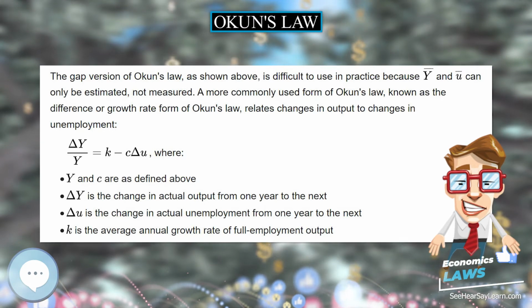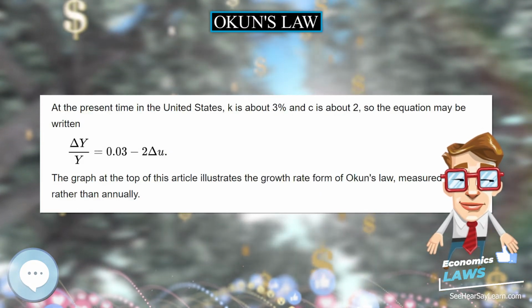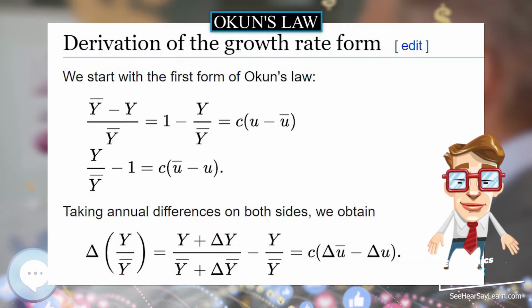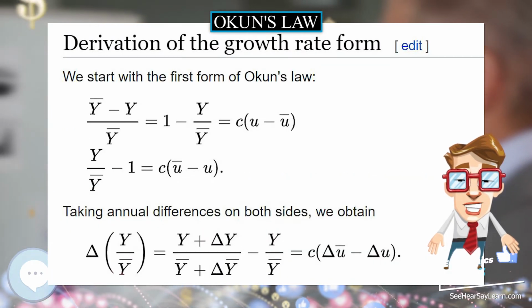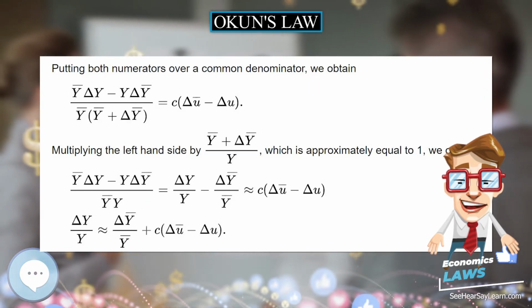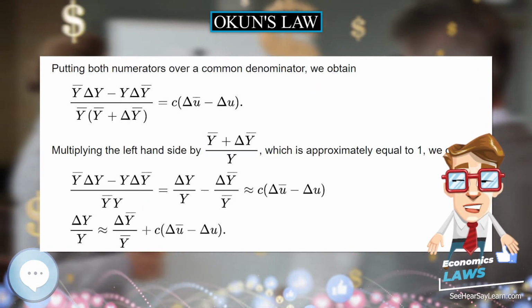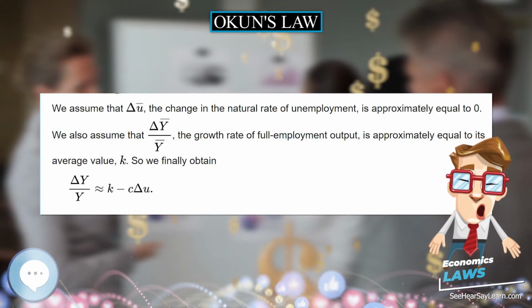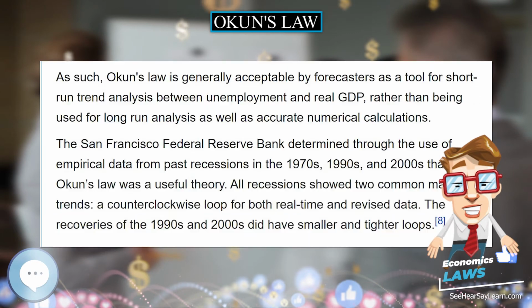We also assume that Δȳ/ȳ, the growth rate of full employment output, is approximately equal to its average value, k. So we finally obtain the growth rate form. Usefulness.